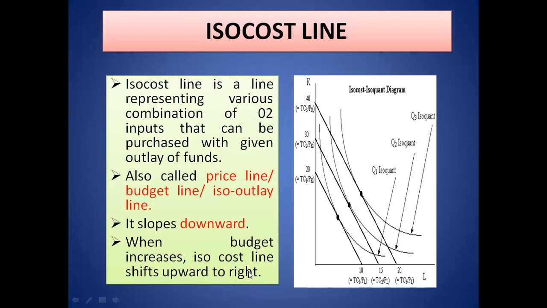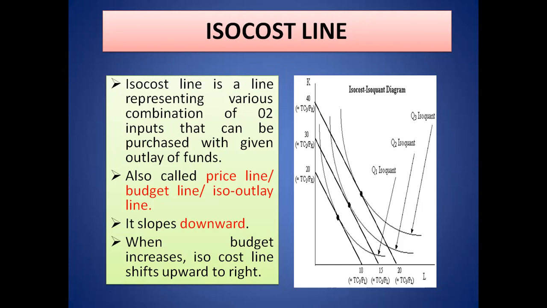Let's say your budget is 50,000 and you can afford 20 capital and 10 labor. Suppose your income increases to 1 lakh rupees. Then you can afford 30 capital and 15 labor. When you can afford more, obviously your isocost line will shift upward to the right.